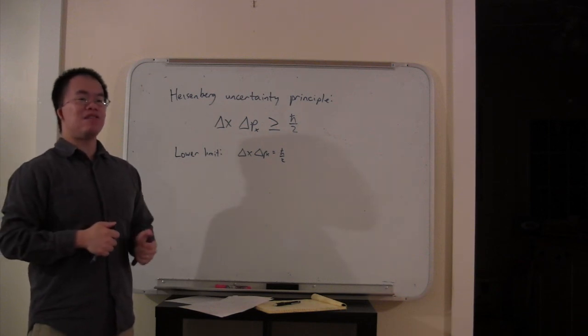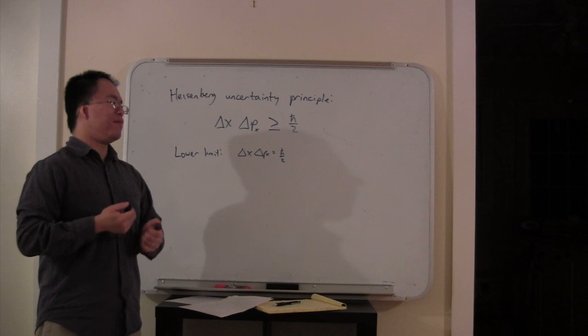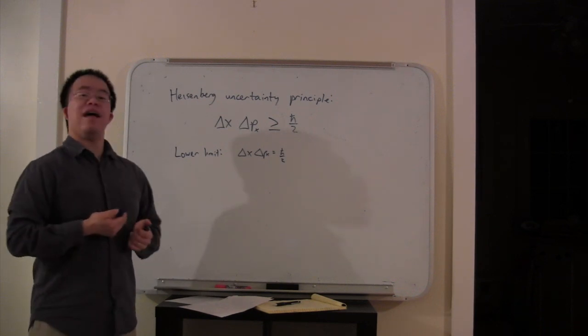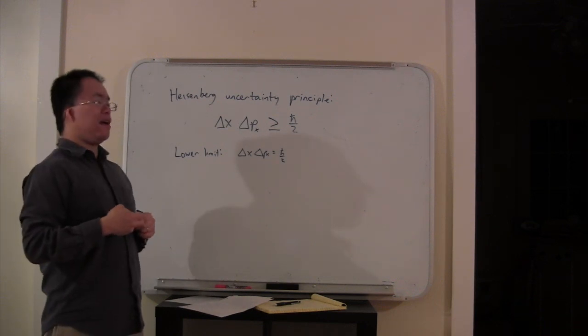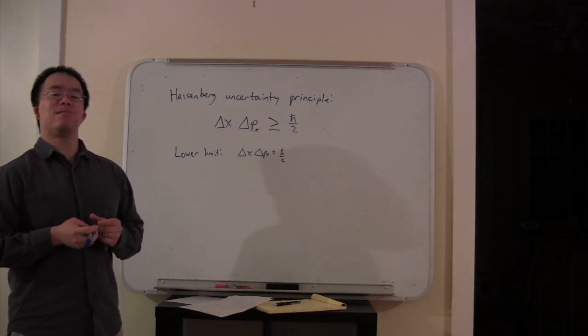We do have some intuition for what delta x means. It's the width, essentially, of my wave function. And if we look at the choices, it's C. That's the one that's the most spread out.